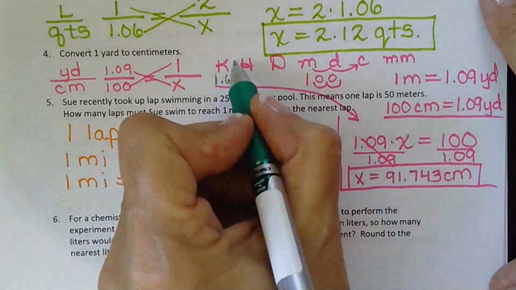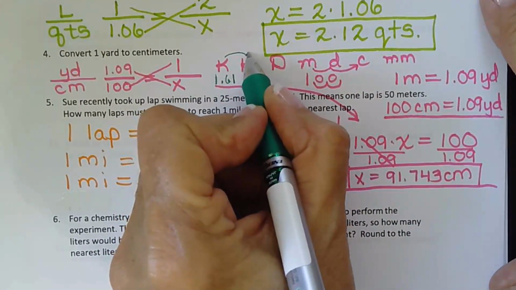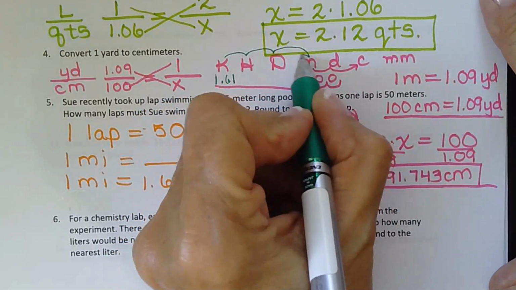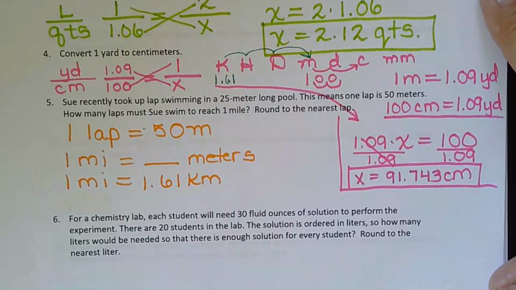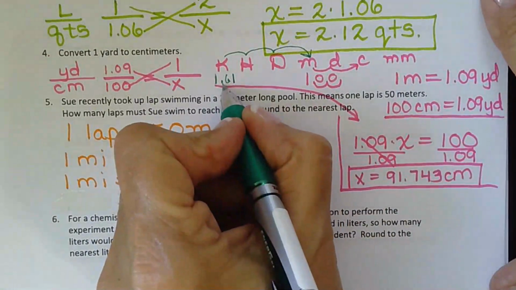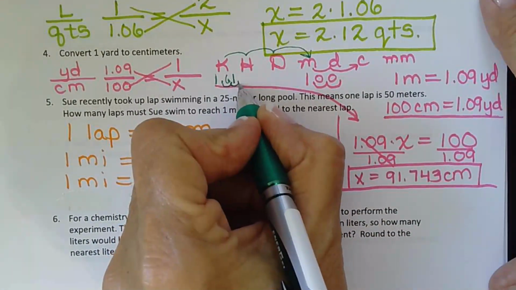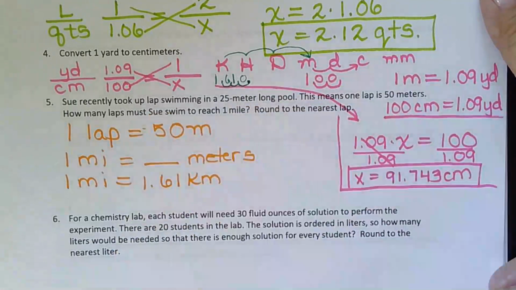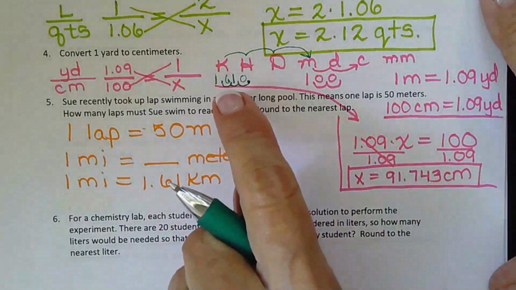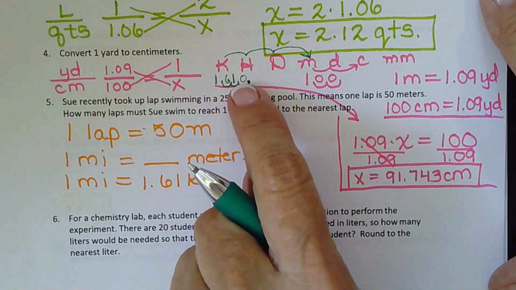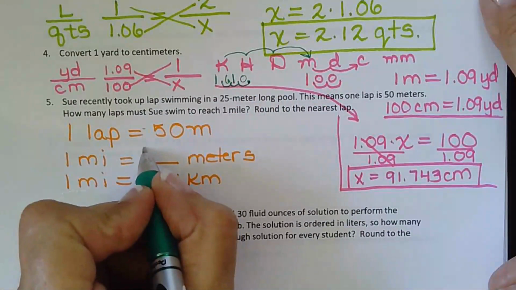So to change it into meters, it's 1, 2, 3 to the right. So 1, 2, 3. So that means we need to add a 0. So that would be 1610 meters.